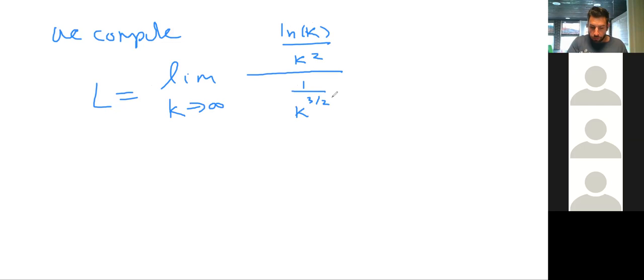Now, if I do a little algebra, this becomes a limit we studied way back in Calc 1. So if I rewrite this, this becomes log of k over, using your exponent properties, k to the 1/2.